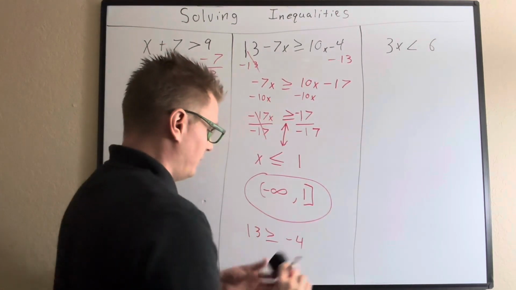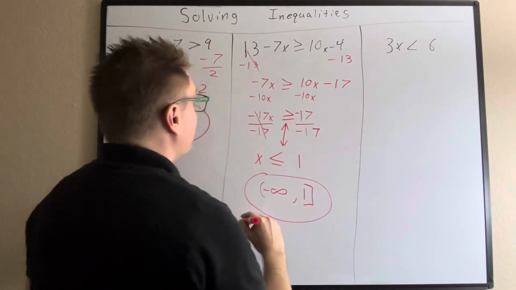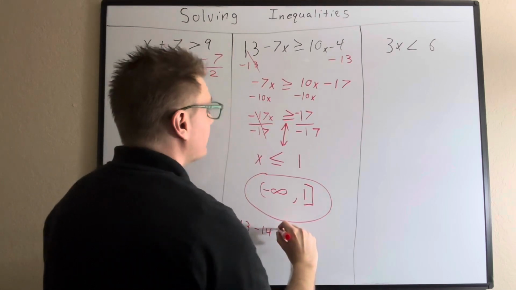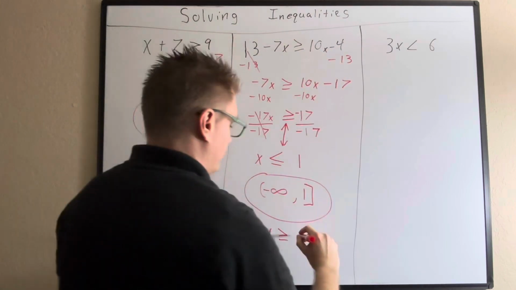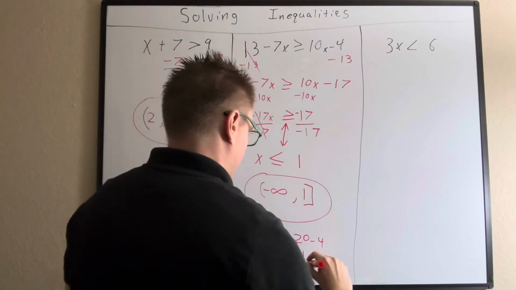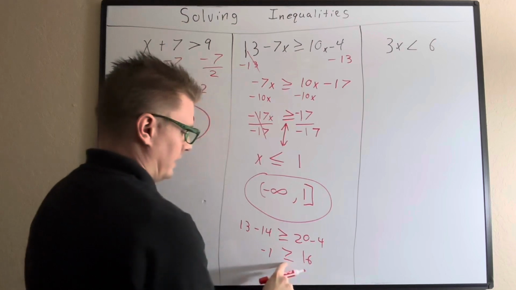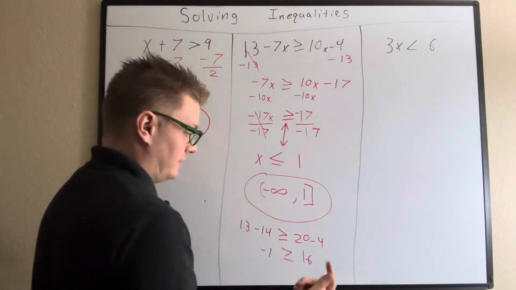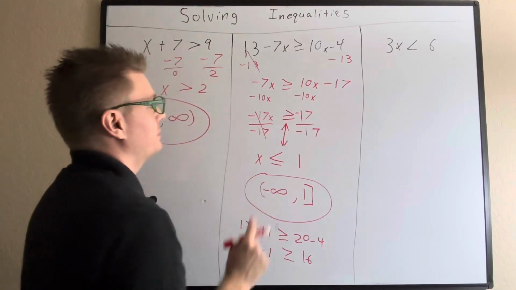What if we put in a 2, though? 13 minus 7 times 2 is negative 1, which should be greater than or equal to 10 times 2, which is 20, minus 4, which is 16. Negative 1 is not greater than or equal to 16. And 2 is not in our range. So this confirms that this answer is correct.